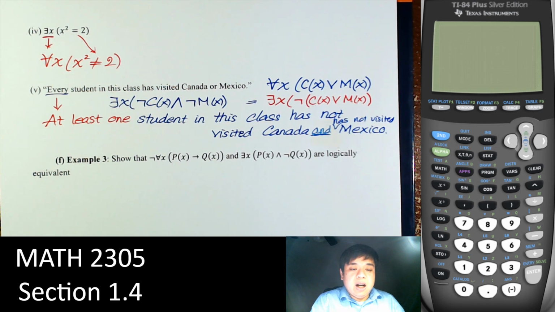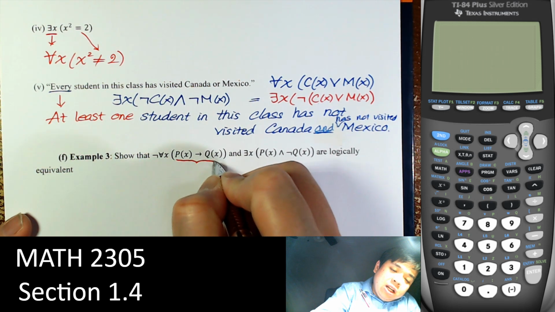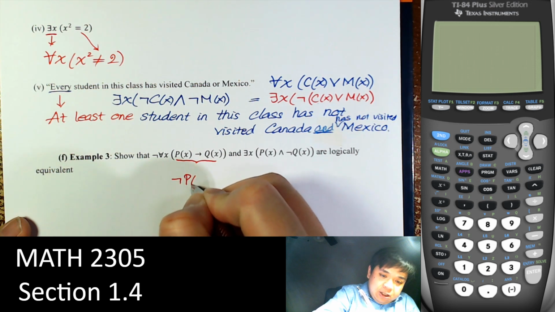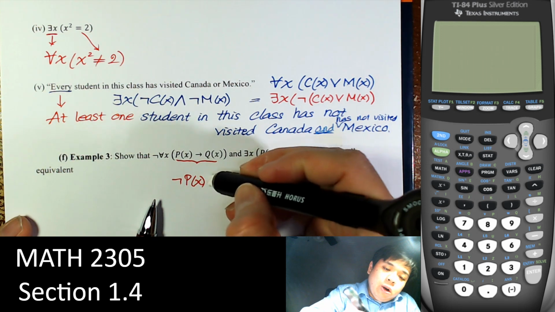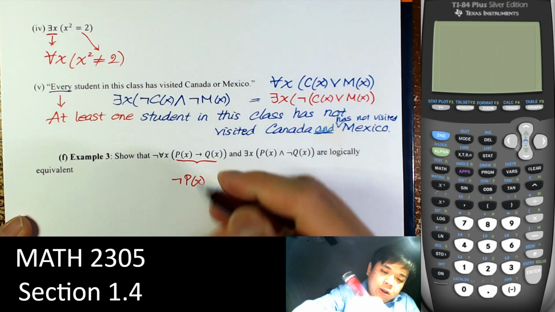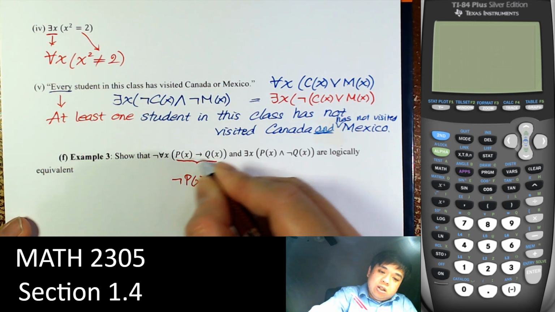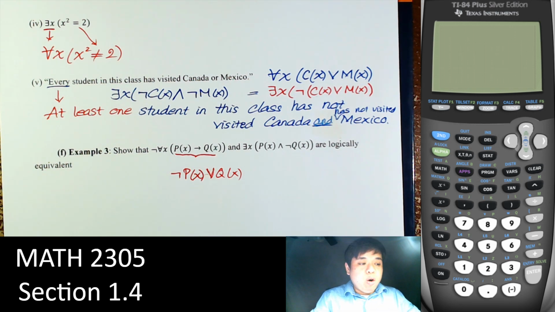Next, show that this one is equivalent to that. So simply we just do the negation of everything. Last time we said that the implication is equivalent to not P of x or Q of x. So let's write more precisely.